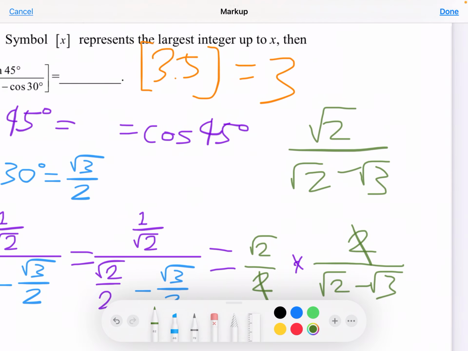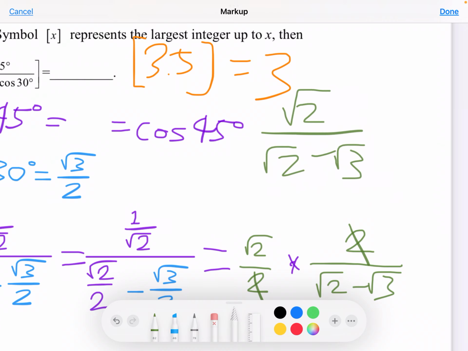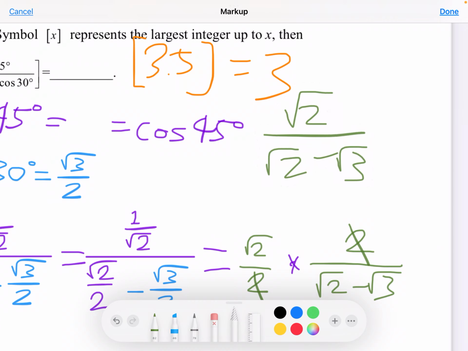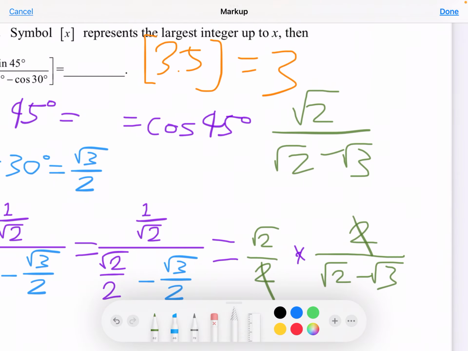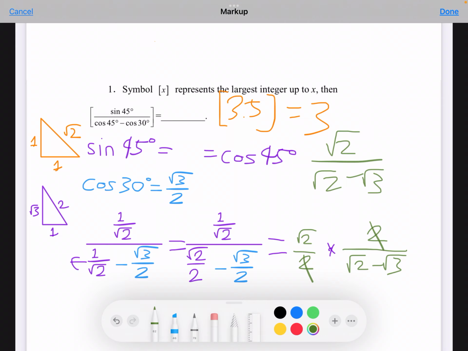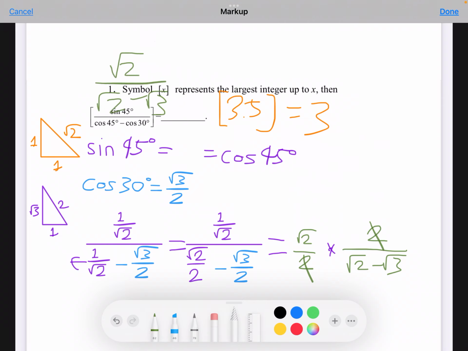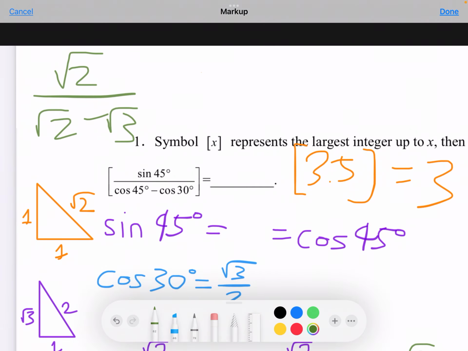So how would we do this? Since these are square roots, we cannot just calculate it right away. But we can find a way to get rid of the square roots in the denominator. There's a relatively simple trick to do this.